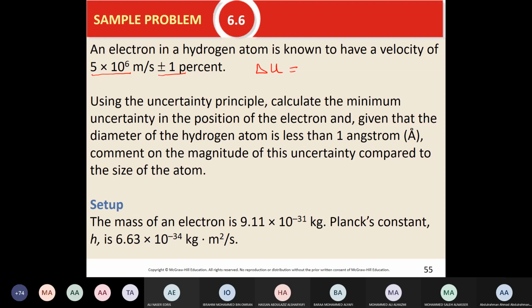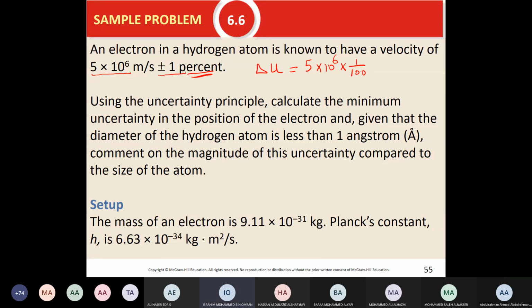5 times 10 to the power 6 times 1 over 100. Plus or minus 1%. That's the error. Clear? We don't need to write the signs.